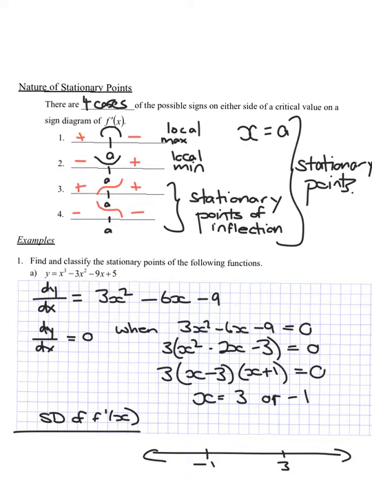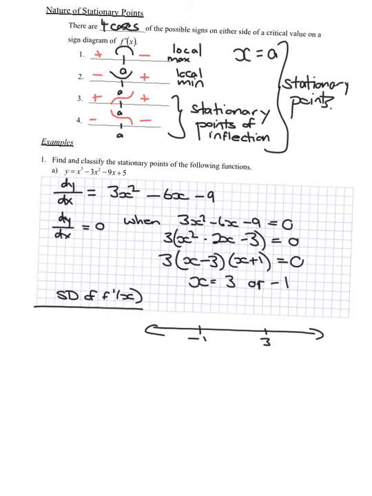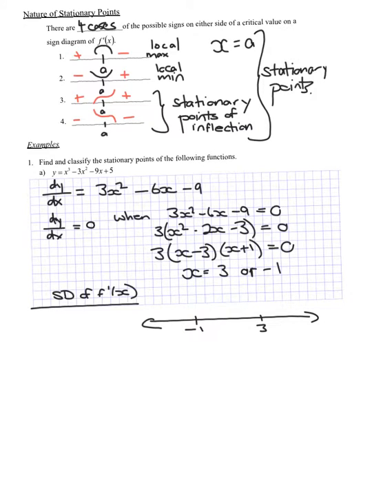This doesn't have to be done exactly at all. The really important thing to remember is that we're talking about the sign diagram of f dash of x, not the sign diagram of f of x here. We're trying to work out when the slope function is positive and negative. So you're always going to do the sign diagram of f dash of x, not of the actual function.